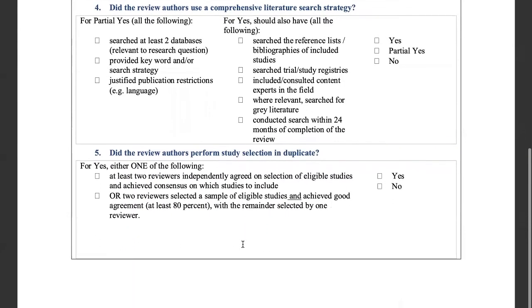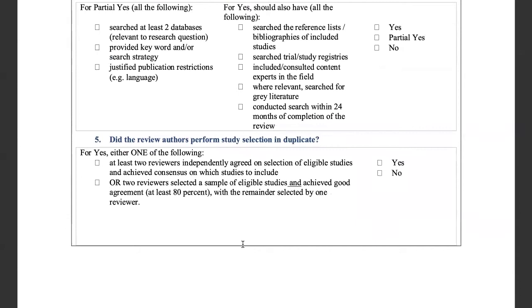The next question is in terms of the process of the selection of the studies. So did the review authors perform study selection in duplicate? And we only have 2 options, yes and no. If yes, either one of the following should be reported.